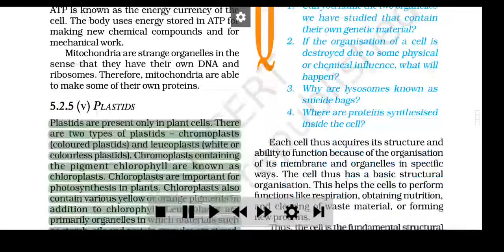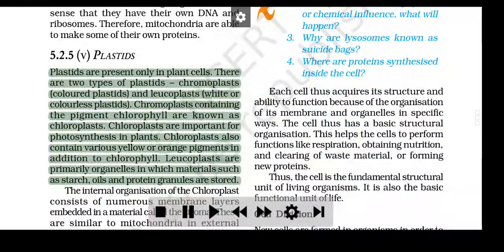5.2.5 V. Plastids. Plastids are present only in plant cells. There are two types of plastids, chromoplasts, colored plastids, and leucoplasts, white or colorless plastids. Chromoplasts containing the pigment chlorophyll are known as chloroplasts. Chloroplasts are important for photosynthesis in plants. Chloroplasts also contain various yellow or orange pigments in addition to chlorophyll.